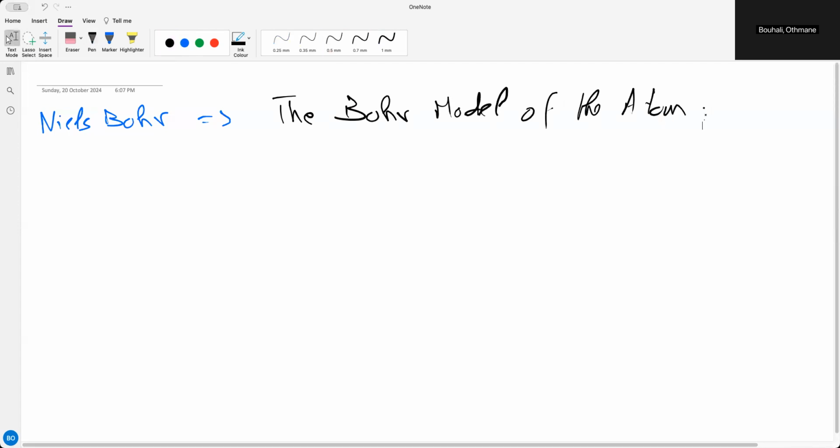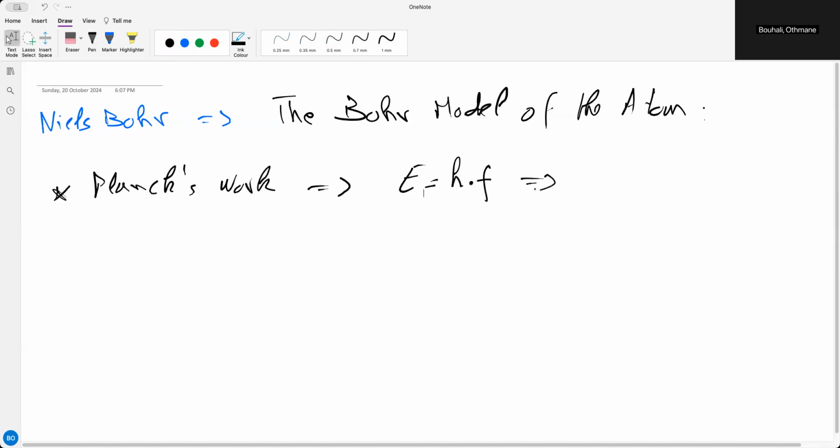In fact, he was really impressed by Planck's work. If you remember, Planck told us that radiation is absorbed and emitted in chunks, in packets of energy, and each packet, or photon, or quantum has an energy equal to Planck's constant times the frequency. Planck's work solved the problem of black-body radiation.